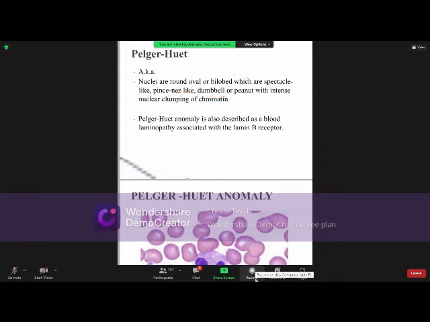Opo. And as to genetic studies, it has been associated with the lamin gene, which is important for the coding of your nuclear lamina, for them to divide. So because of certain mutations on your lamin gene, your cells now fail to divide into segments.